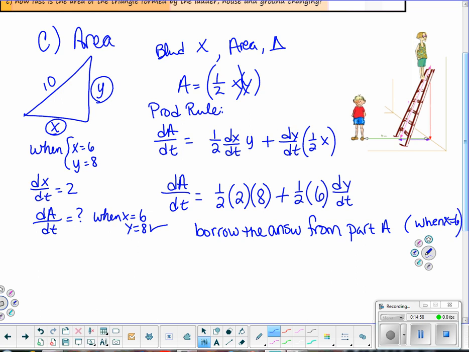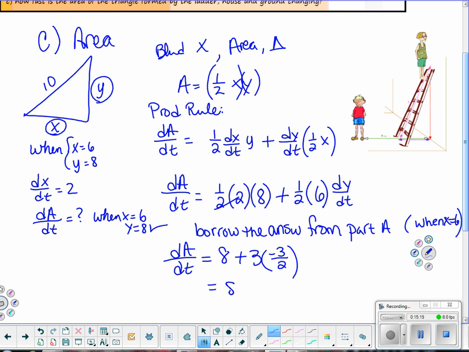So we can insert into our calculation here an 8 plus a 3 times, now I've got to look at my notes. What did we come out with? We had a negative 3 halves going on there for part A for dy dt. Look back at your notes.